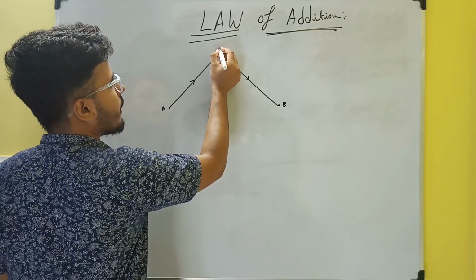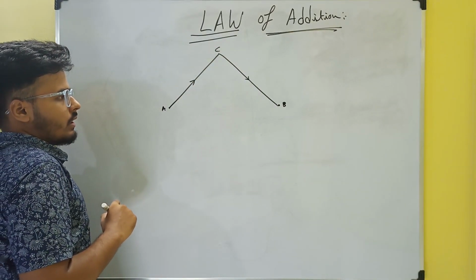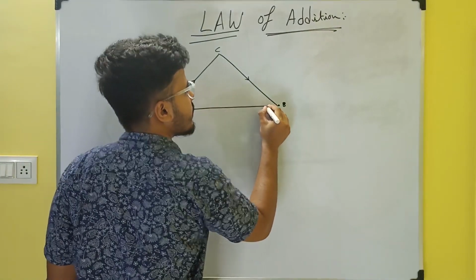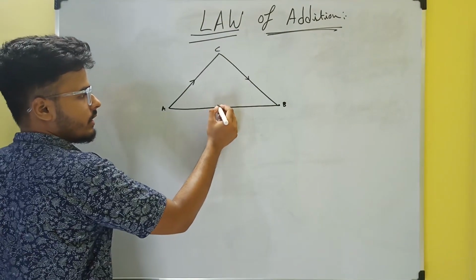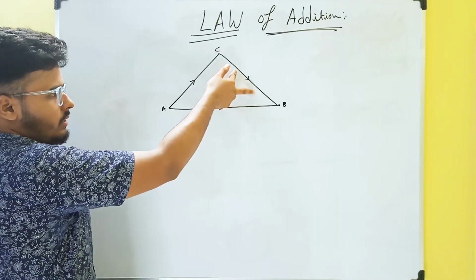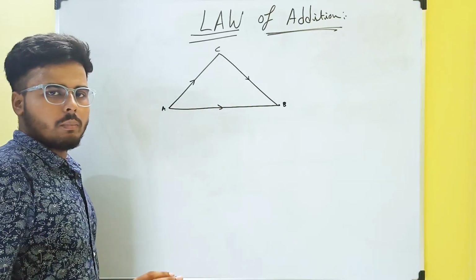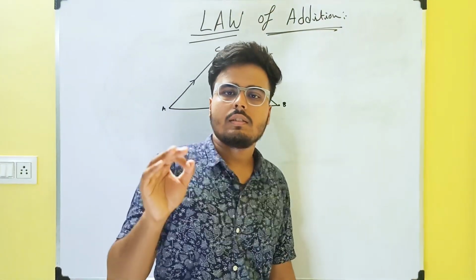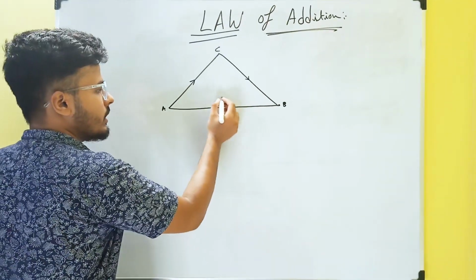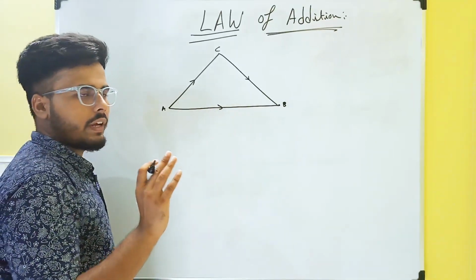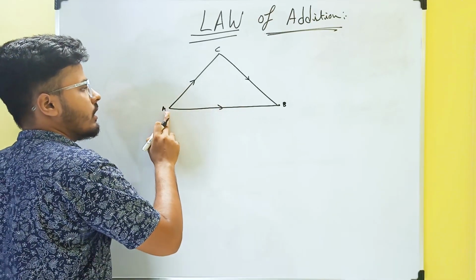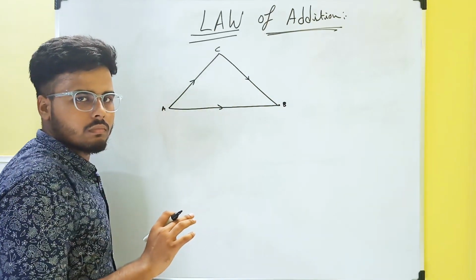Let's give it point C. What is the shortest path? The shortest path is still this one. So there are two individual vector paths, from A to C and C to B. But if we were asked what the vector path between A and B is, then that will be this one. But there are other two vector paths, which are A to C and C to B.